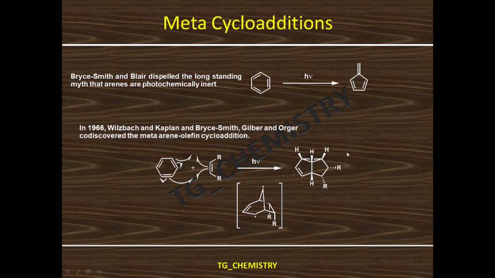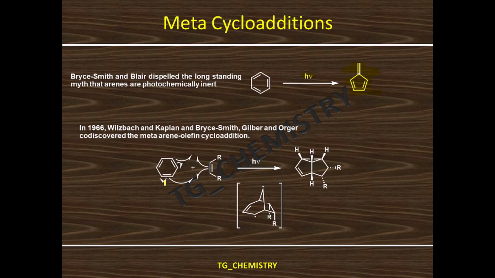Now I will move to meta cycloadditions. It has been a long-standing myth that arenes are photochemically inert, but Bryce-Smith and Gilbert dispelled that myth, and they found that benzene under photochemical irradiation can form fulvene. This is the structure of fulvene, and this was possible under photochemical irradiation, and this explains the meta cycloaddition reactions.